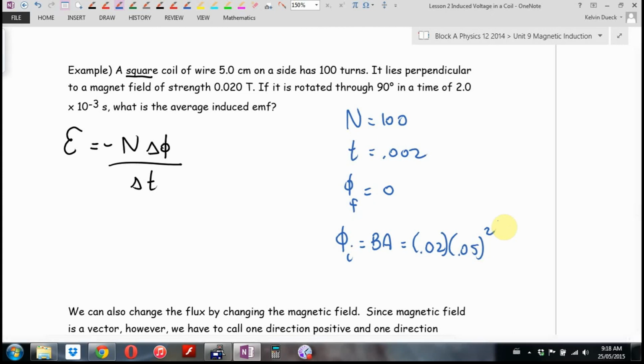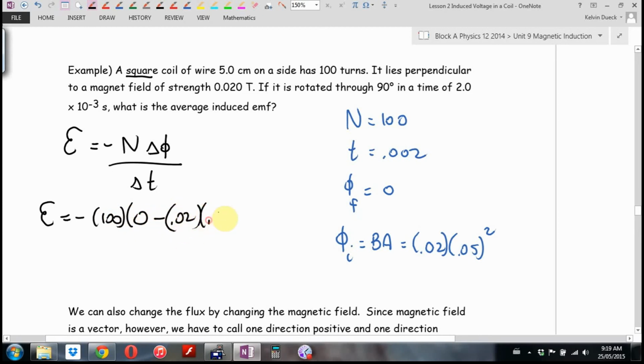Or you can now carry all this over into the equation. You can say negative 100 final minus initial all over 0.002. Did I make a mistake? No, we're good.